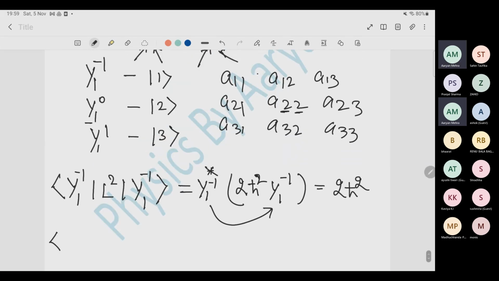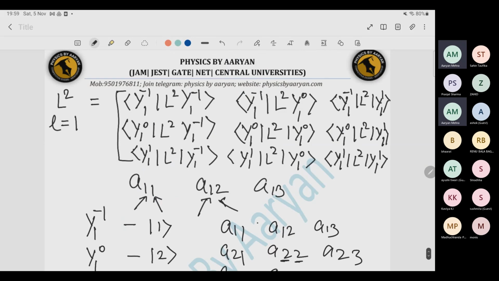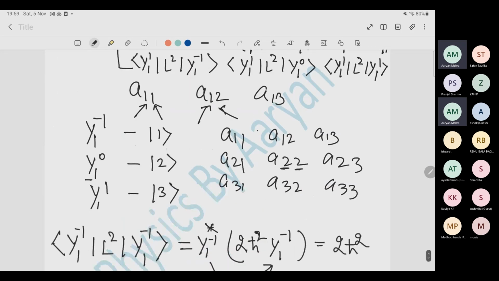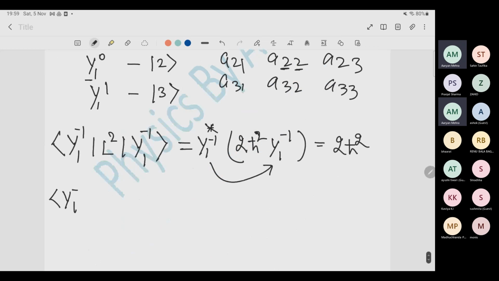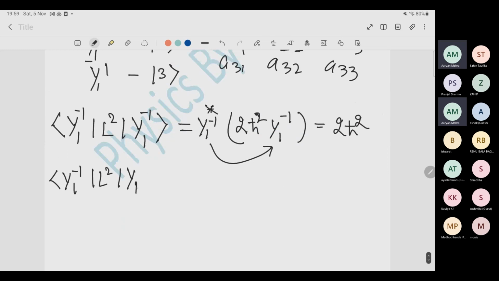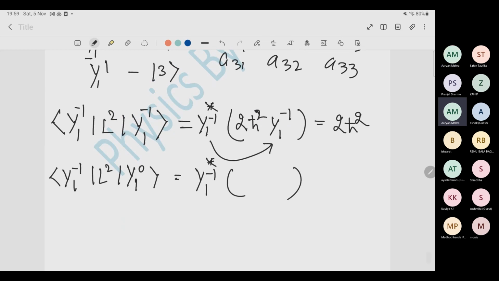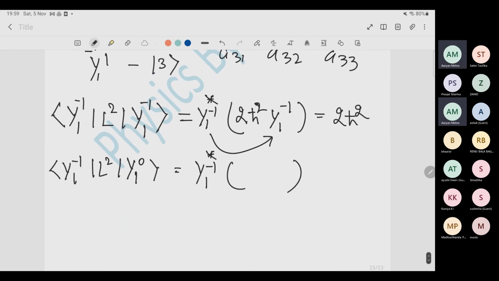Now let's find the second term. From the second term, you will actually be able to find 6 terms. Let's see how. <1,-1| L square |1,0>. So can I write it as <1,-1|*? Now what will be here? Tell me. Madhu, you give an answer.